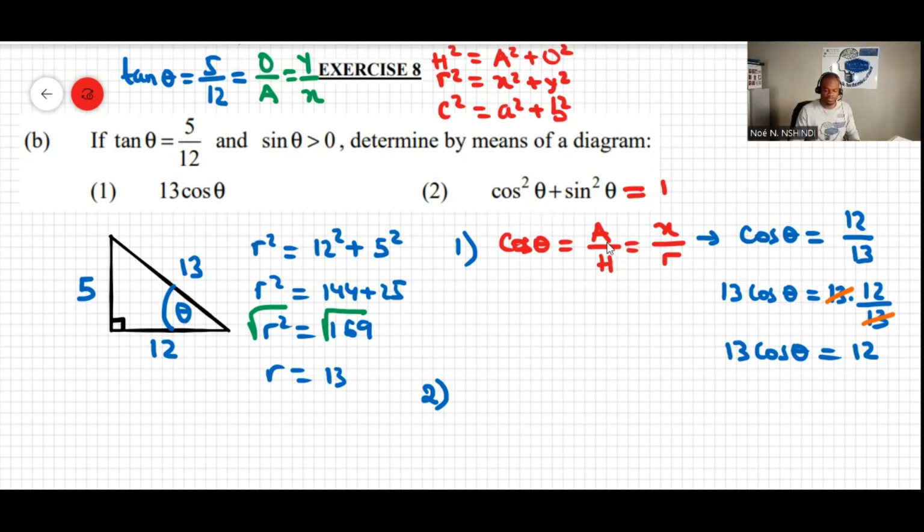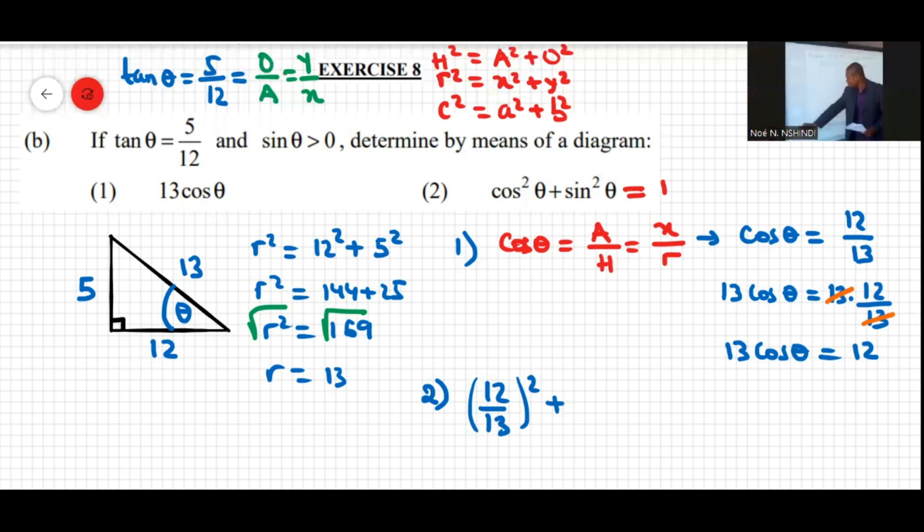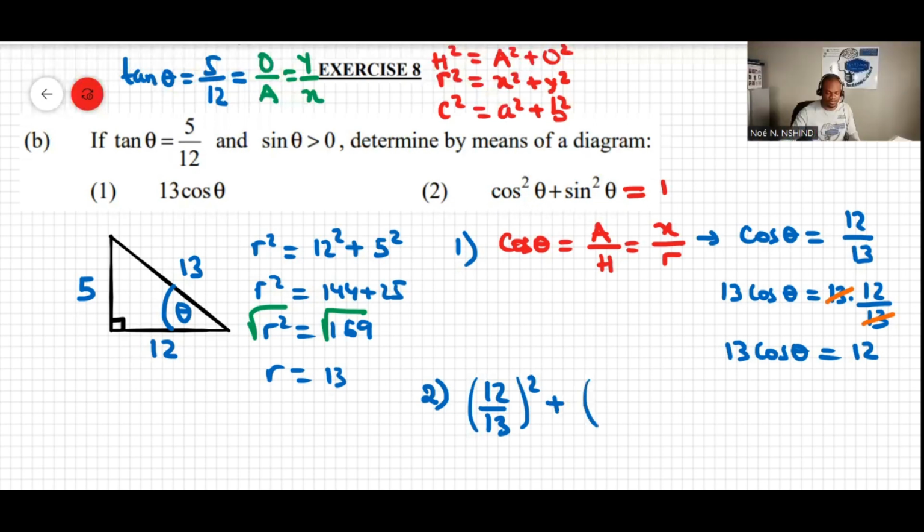We did find that cos was 12 over 13, so sine will be 5 over 13. Now let's first solve it. It's going to be 12 over 13, that's the cos, squared, to the power of 2, and then sine we're going to do the same: 5 over 13, still to the power of 2.